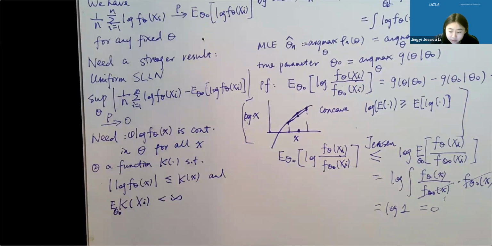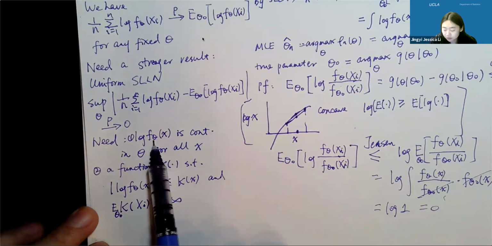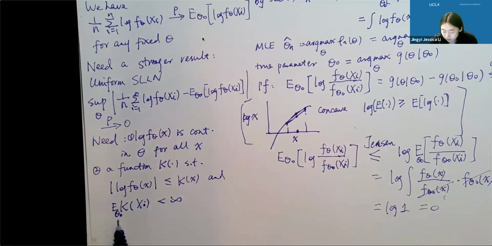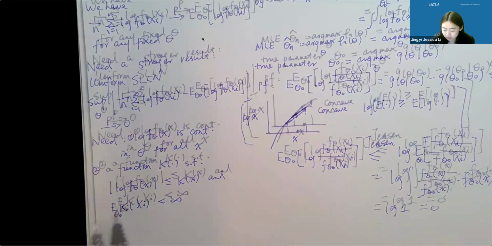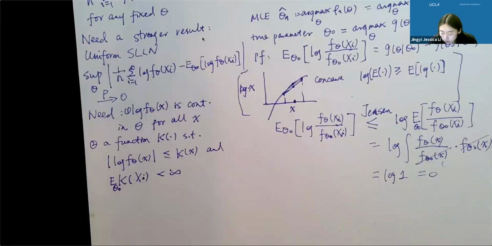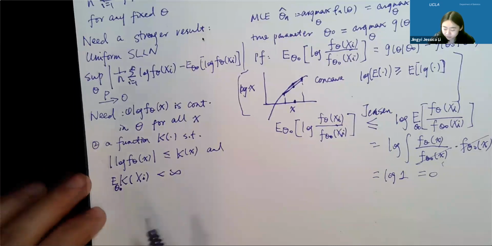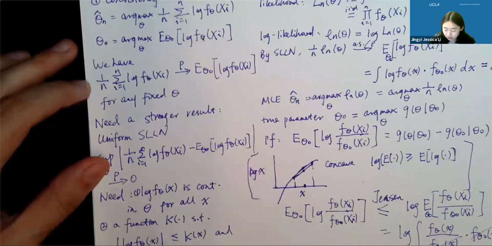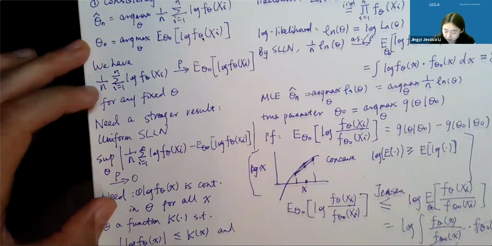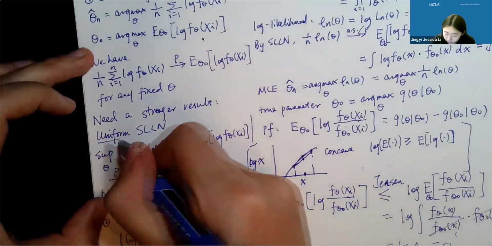With these two conditions, and also sometimes conditions on the space of theta, basically that theta 0 is an interior point of the domain where theta can belong, we can go from the point-wise strong law of large numbers to the uniform strong law of large numbers.